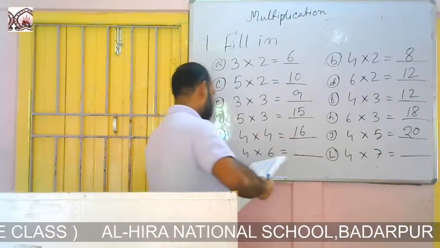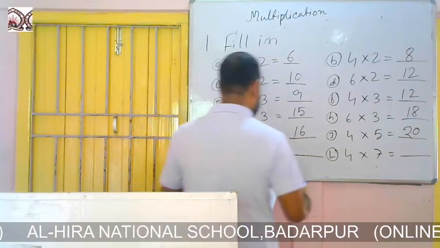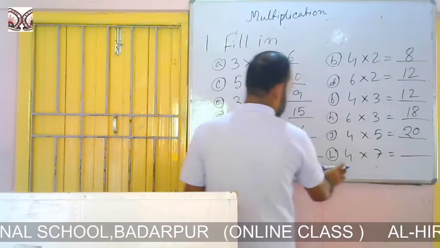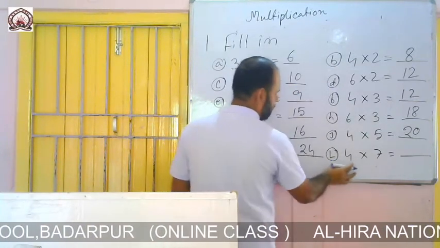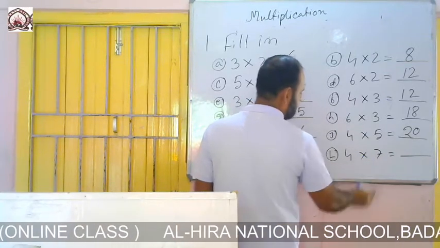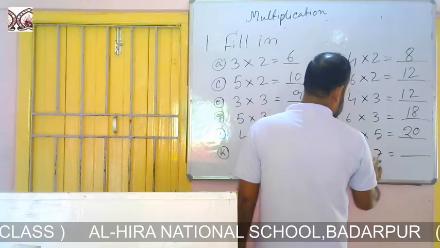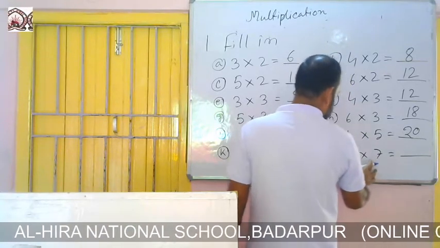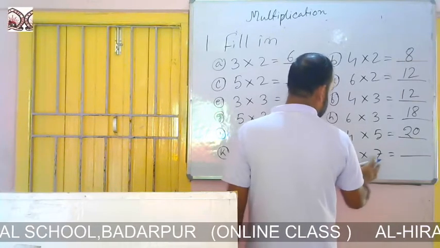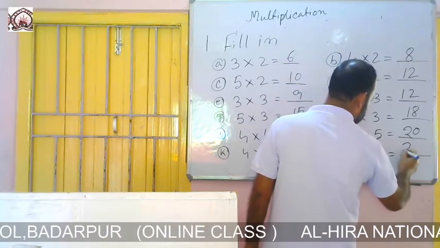Here we count 4, 7 times. 4 1s are 4, 4 2s are 8, 4 3s are 12, 4 4s are 16, 4 5s are 20, 4 6s are 24, 4 7s are 28.